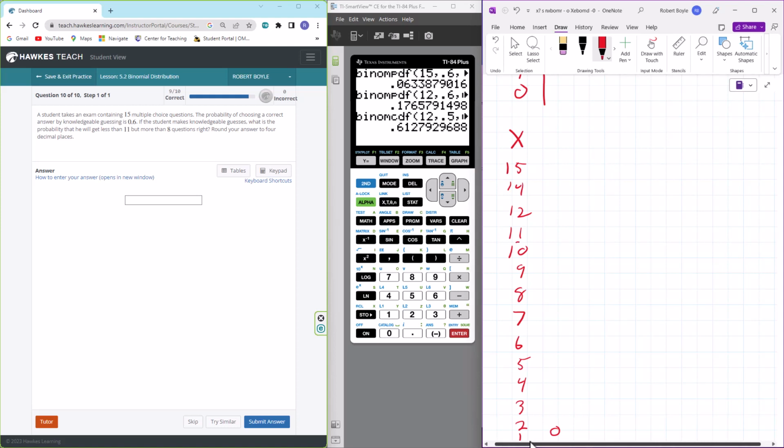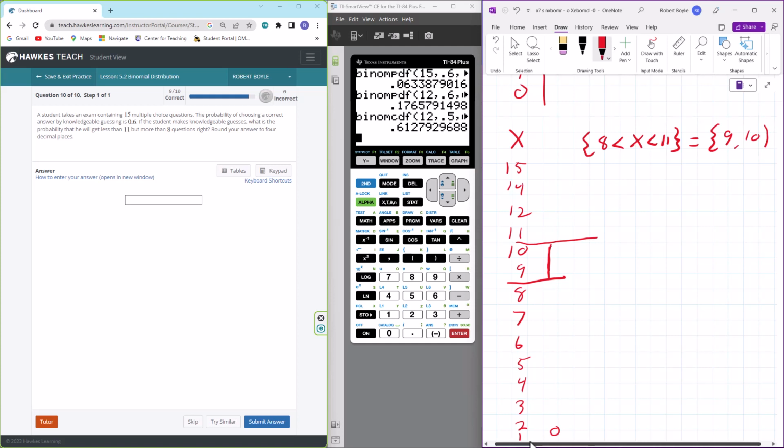Well, that is going down to here, but more than 8, which would be right here. So the event of X being greater than 8 and less than 11 is equal to the probability of X being 9 or 10.